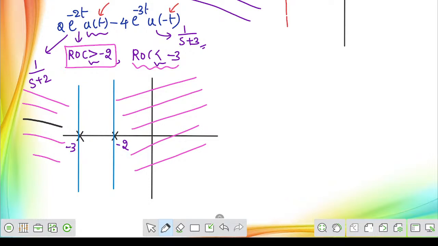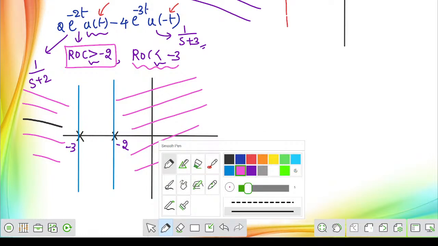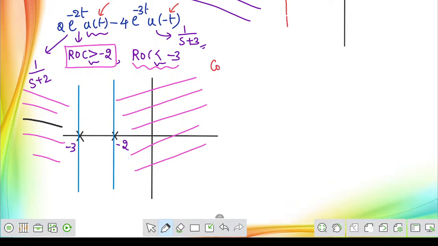Now, whenever we have more than one signal, it is very important to cross-examine whether the resultant signals have a common ROC or not. Let us say this region of convergence is A and this region of convergence is B. Do they have any common intersection between them? Whenever we have more than one signal in a given sequence, you will have to identify the common region of convergence.